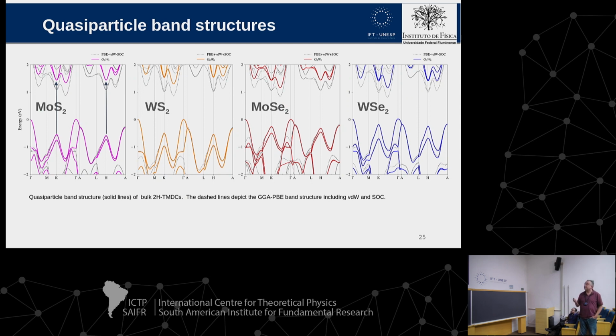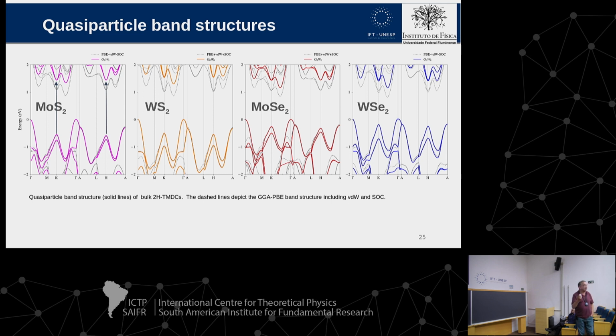Here we have for the four materials the bands calculated with PBE. The dashed lines are PBE, and the solid lines are the GW calculation.